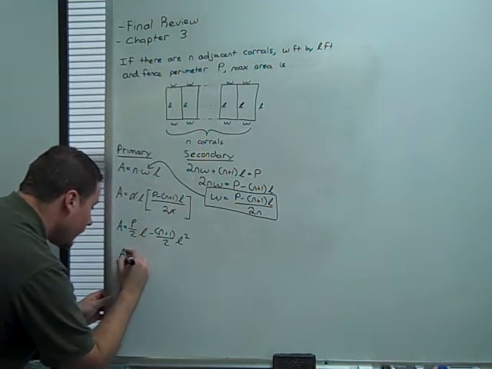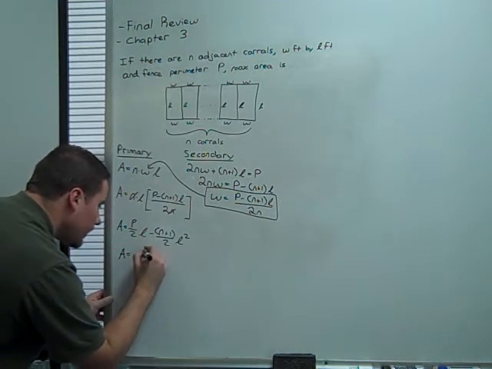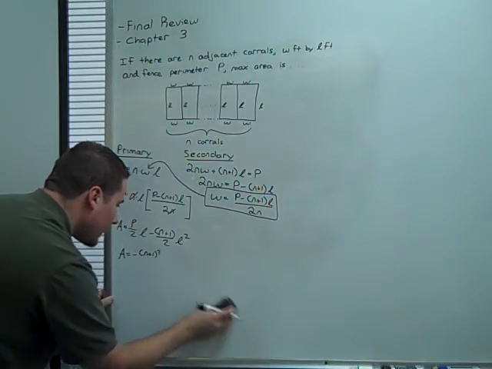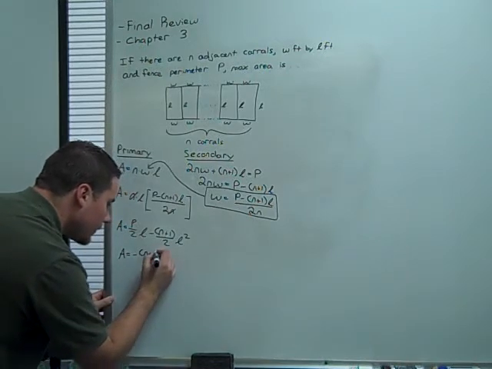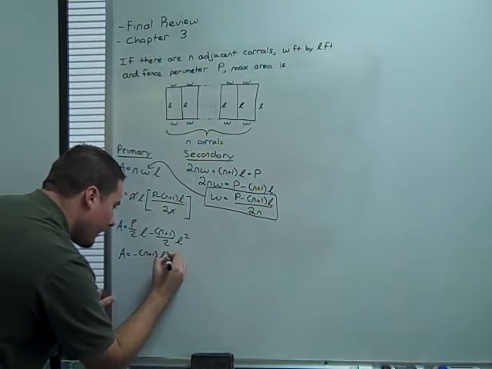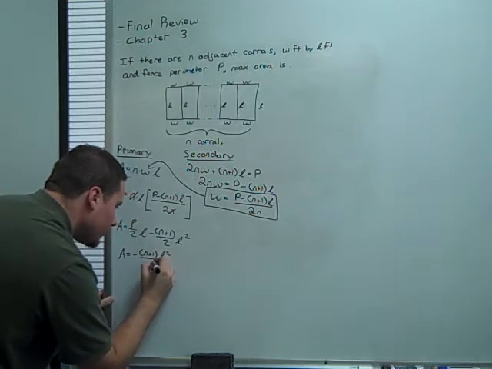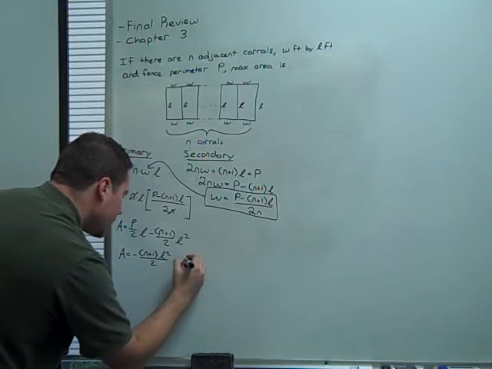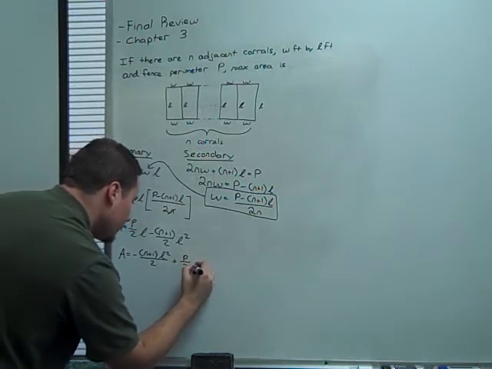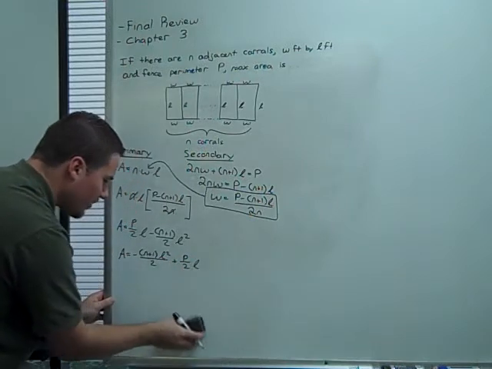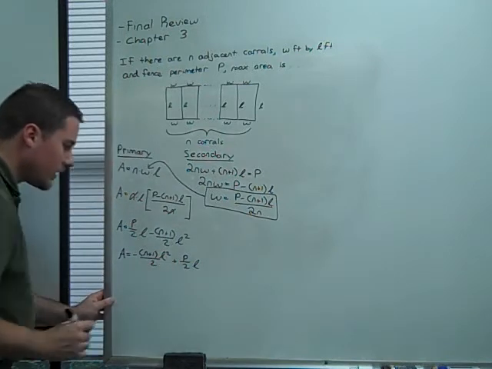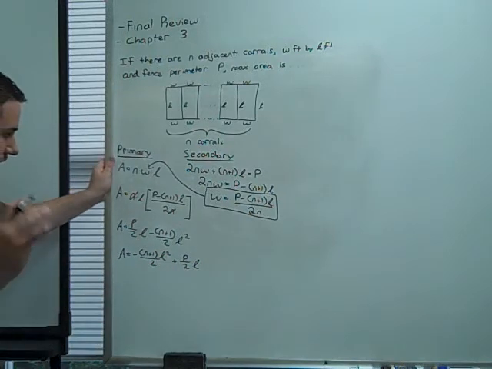Namely, rewriting it more friendly, negative (n plus 1) L squared, don't square the n plus 1, all over 2, plus P over 2 L. And I don't really need to extend the fraction bar to the L squared. Just keep it clean.